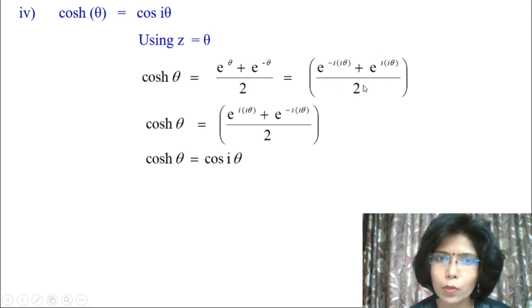In this expression again, if we take i outside, then we can write e raised to i times i theta plus e raised to minus i times i theta divided by 2. So this is nothing but cos of i theta. So cos of theta is equal to cos of i theta.